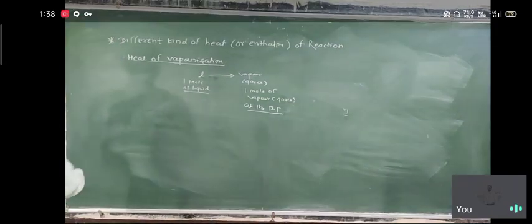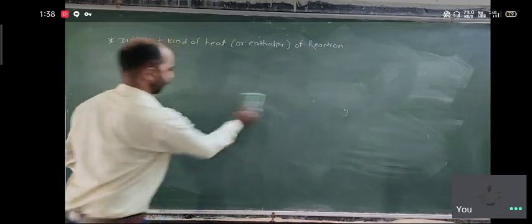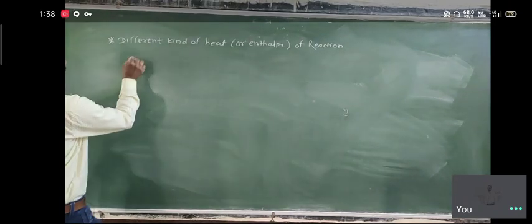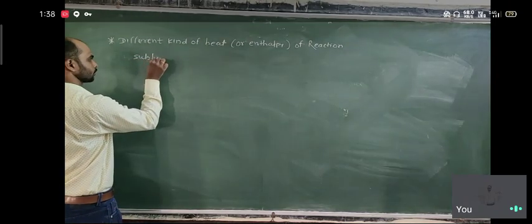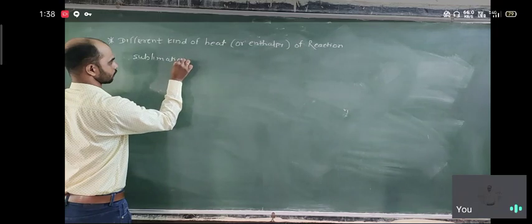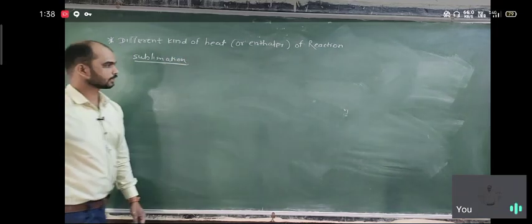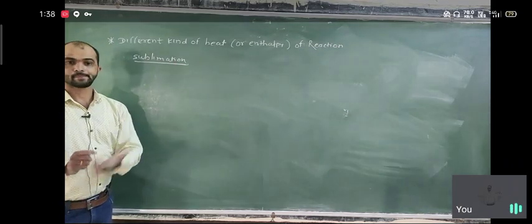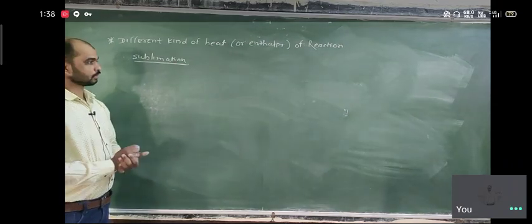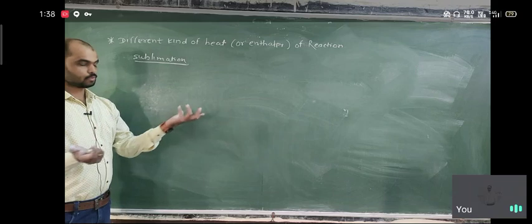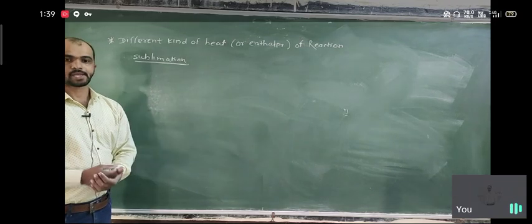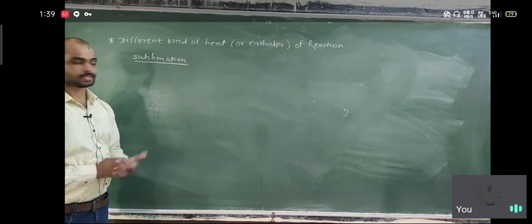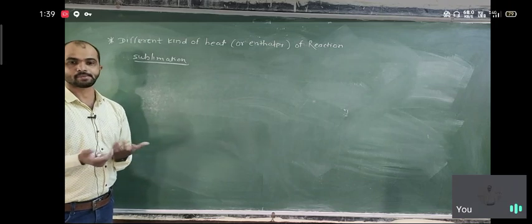After that, the last term which is used, sublimation. It is another very important thing. What is sublimation? You already saw the examples. You know the camphor in our home. When you leave camphor open, after some time it evaporates. Camphor is solid, but after some time it disappears.